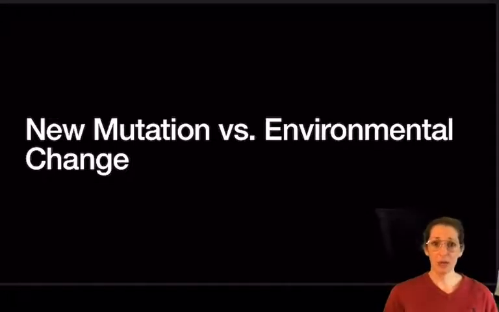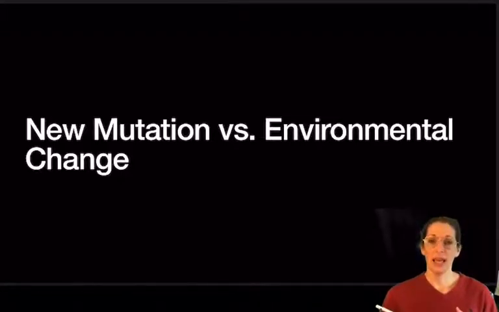But for right now, I'm going to focus on the question of what can influence the relative fitness of an allele and therefore influence the selection, right? So if there's a big difference in relative fitness, then you're going to have stronger selection.